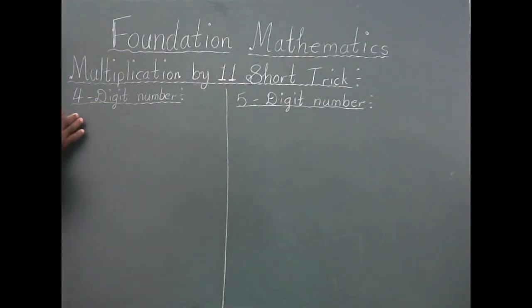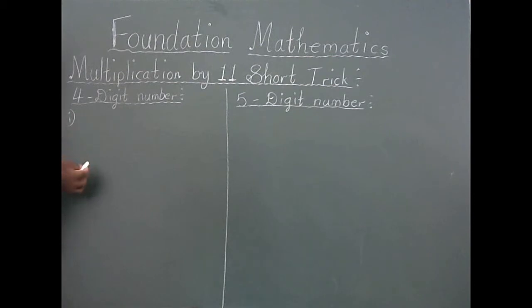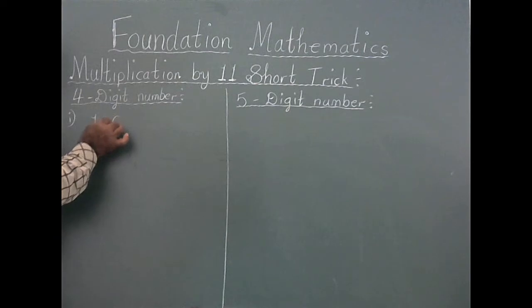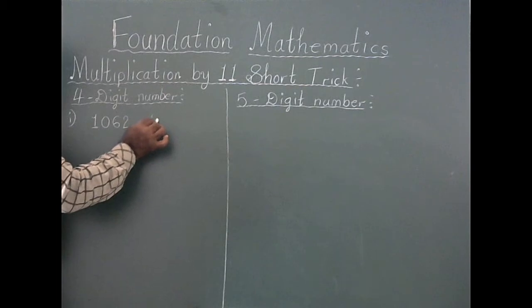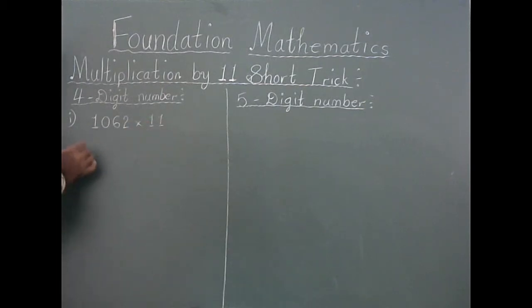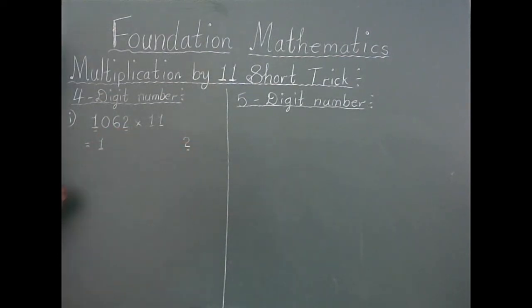Next, 4-digit number multiplied by 11. Take any 4-digit number of your wish, 1062. 1062 into 11. The first digit as it is I am writing, and the last digit is also written as it is. But what about 1 plus 0?